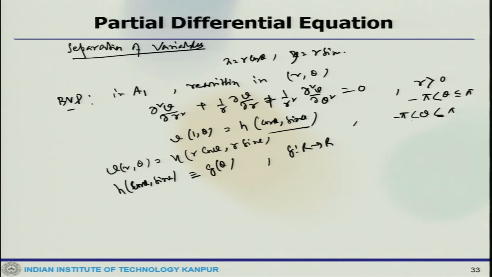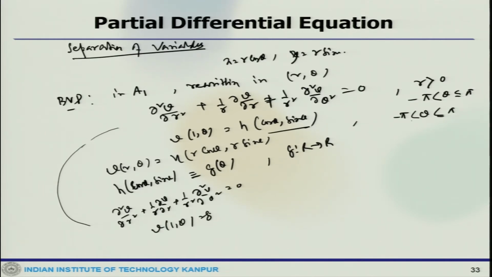So then we will write this equation as del 2 v by del r 2 plus 1 by r del v by del r plus 1 by r square del 2 v by del theta 2 equals 0, and v(1, theta) is g(theta), and all the conditions here will remain there.